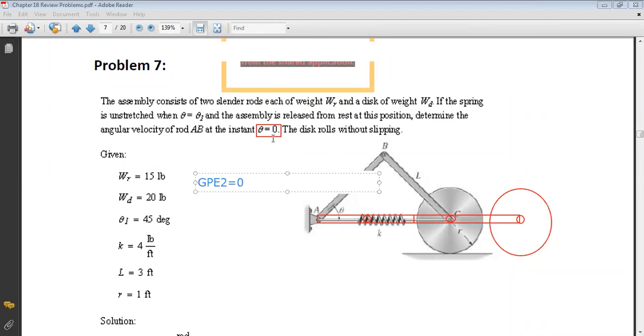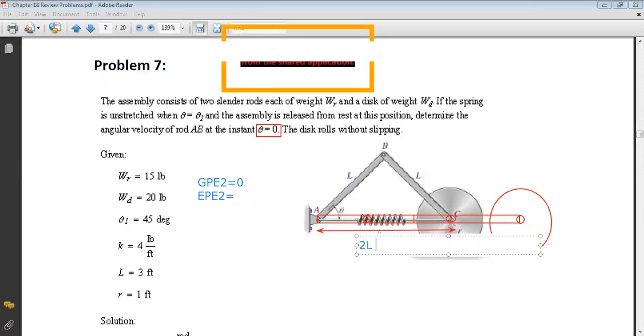Now, for the elastic potential energy at state 2, what do I have? The spring length is going to be equal to 2L. Very good. And I minus the initial, unstretched length, which is the initial length. What was the initial length of the spring when theta was 45? This is L0. L0 of the spring is equal to 2L cosine theta.